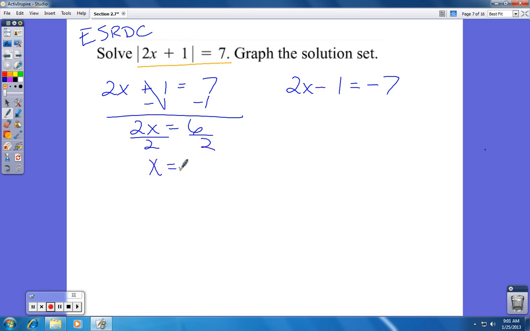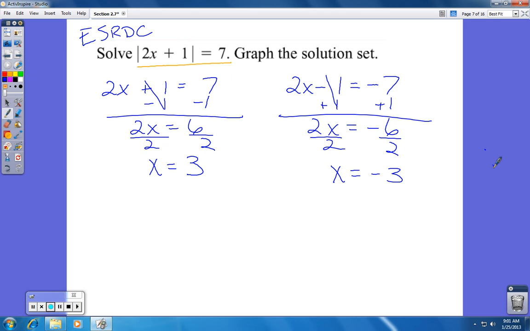We get a value x equal to 3. We're going to rearrange the second equation. We're going to get 2x equal to -6. And at this point we will divide by 2. And we end up with -3 in this particular case.